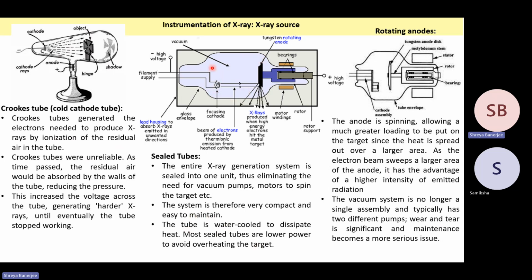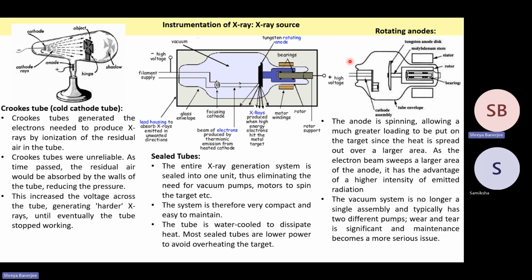And also this tube was cooled by a kind of jacket running around the system where water is passing through, because we saw that 99% of the kinetic energy is being transformed into heat and only 1% into X-ray. So that much heat being produced will affect the instrument. So the jacket of water running around the instrument is cooling it down to avoid overheating of the target.